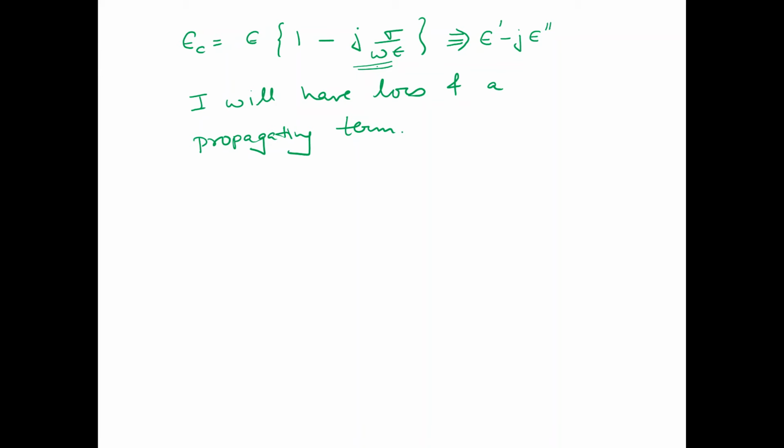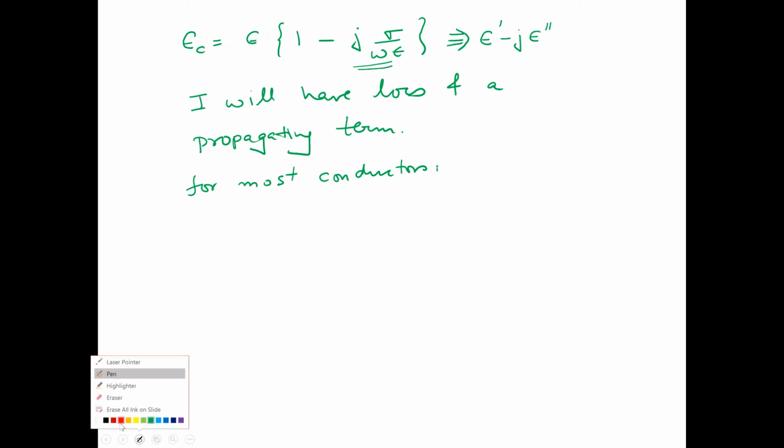Now for most conductors, and that's where we really call them conductors, your sigma is much, much larger than omega epsilon. Your conductivity for most conductors is much, much larger than the term below.